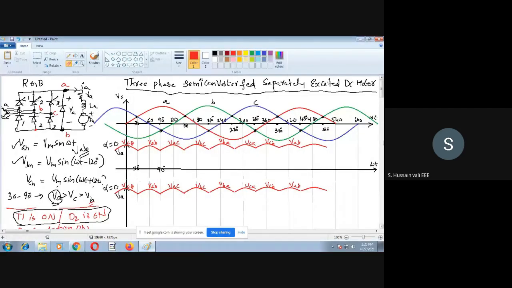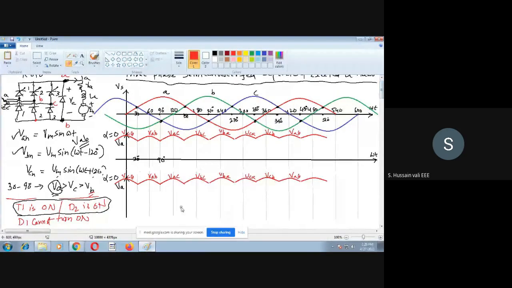Now you see here, as alpha is greater than 0, the triggering does not happen exactly at 0; the triggering will happen at this point, at this point. Better I write here: VAB means T1, D2.